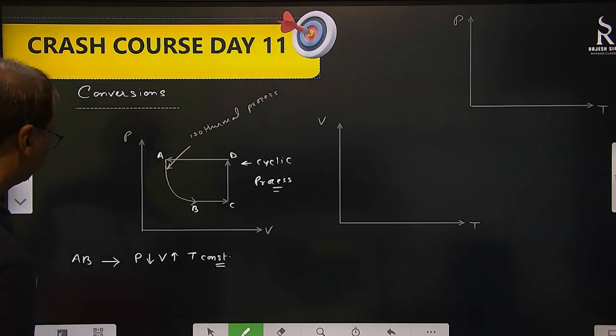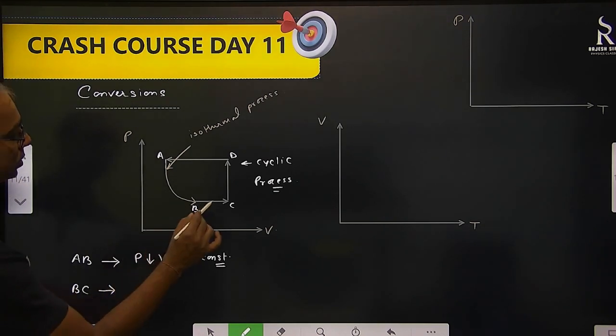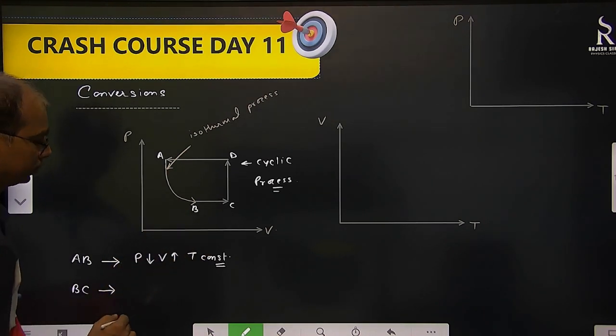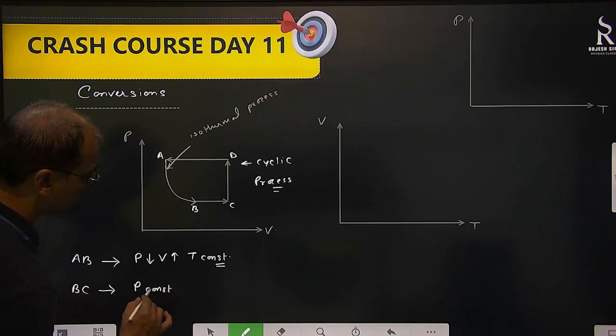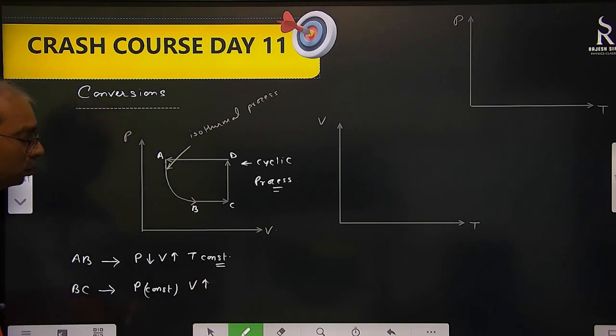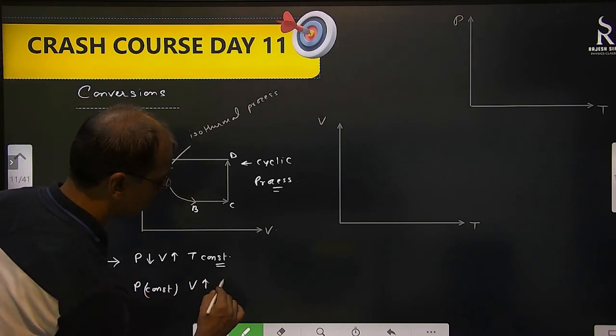Okay, BC. What can we say about BC here? BC is pressure constant, volume increasing. What about temperature? Pressure is constant, volume increasing means temperature also increasing.